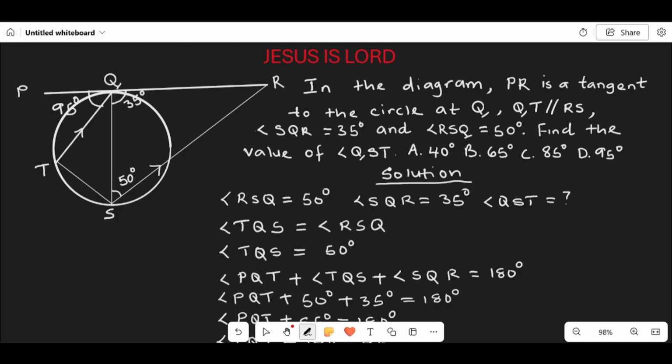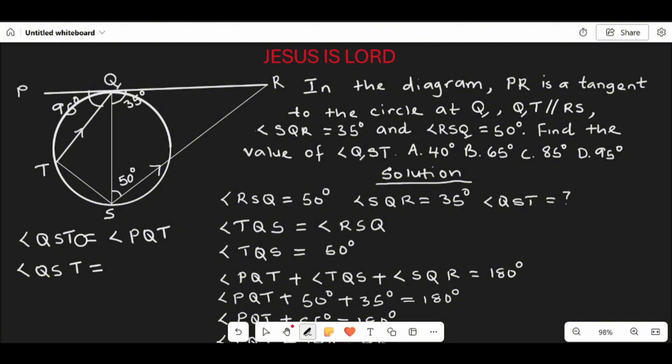So mathematically, we can say that angle QXT equals angle PQT. Angle QXT equals our angle PQT, which is 95 degrees.